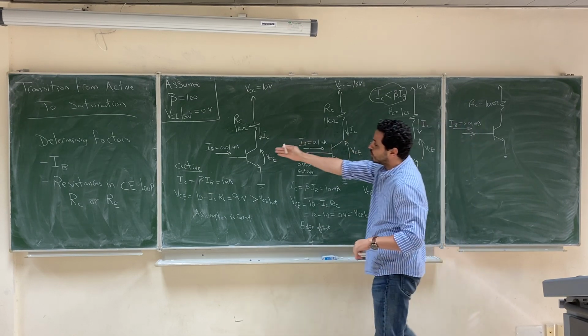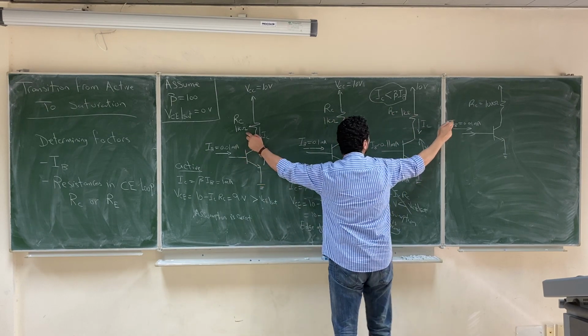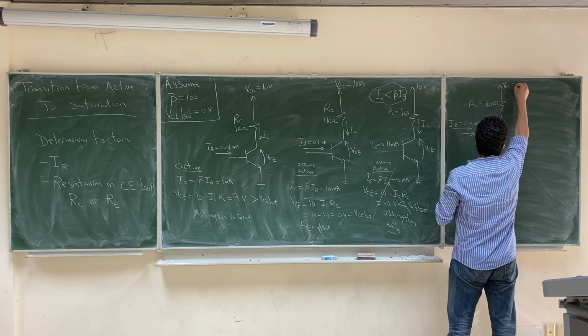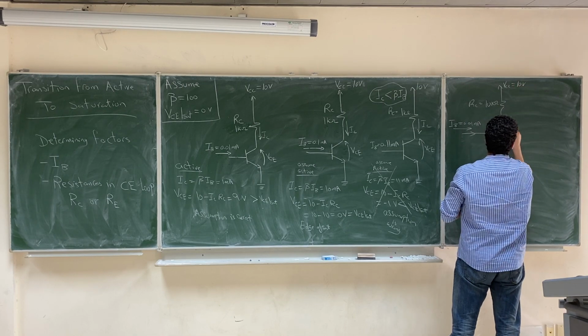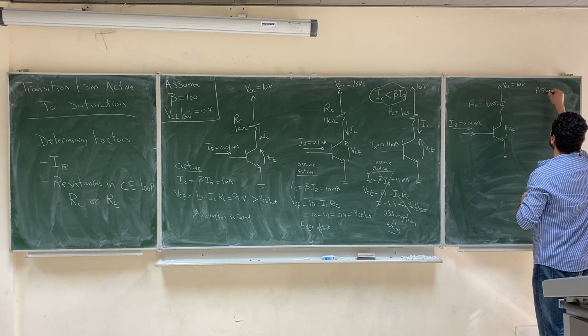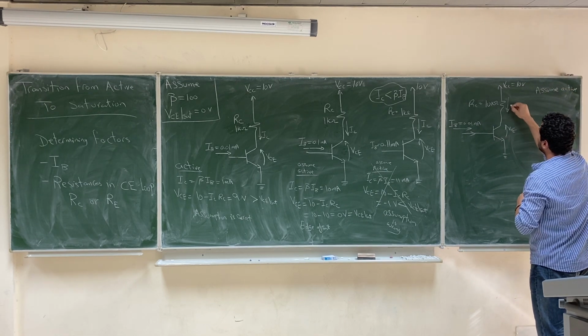So here the transistor was active, right? Now we are using the same I base, but we are going to increase RC to 10 kilo ohm. And we have VCC here is 10 volt. Again, we'll assume active. We'll calculate IC.